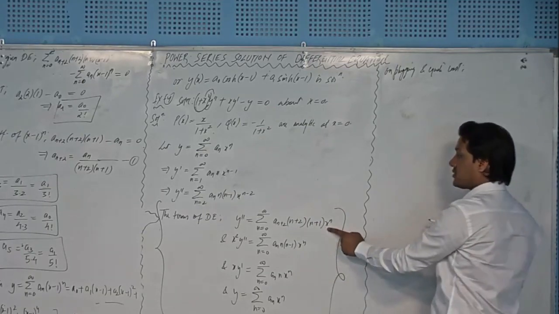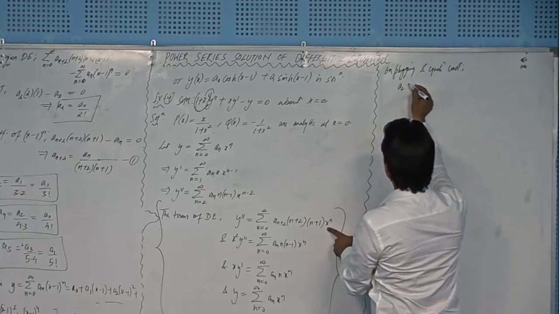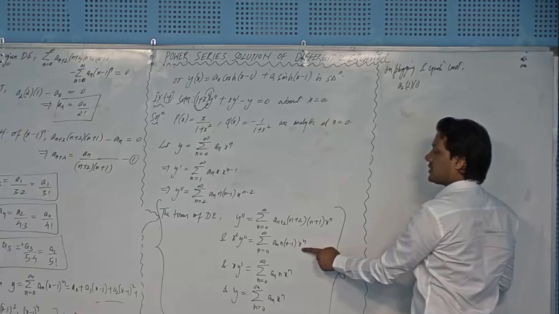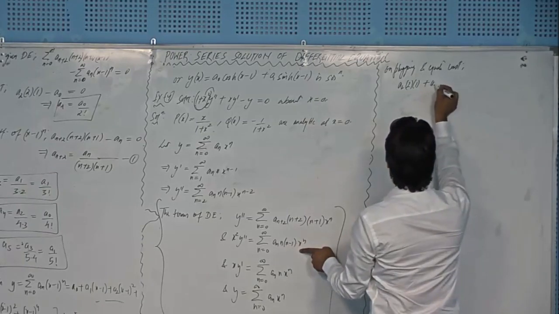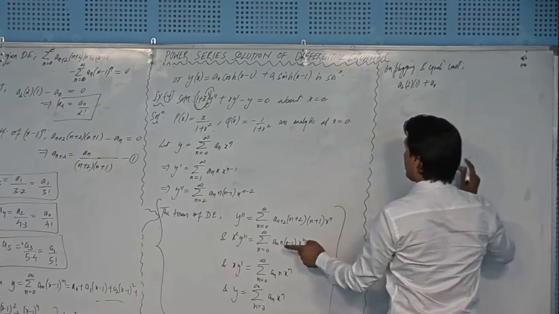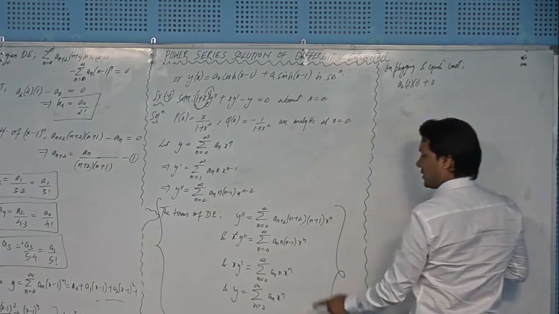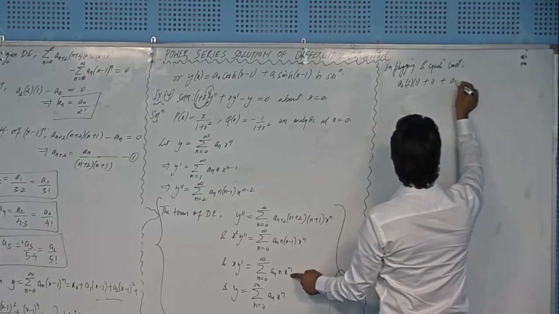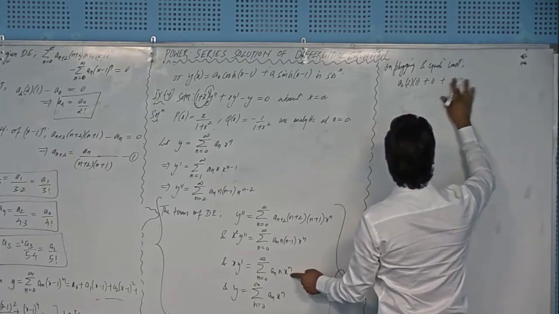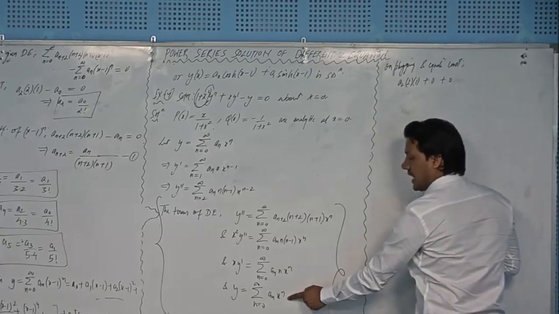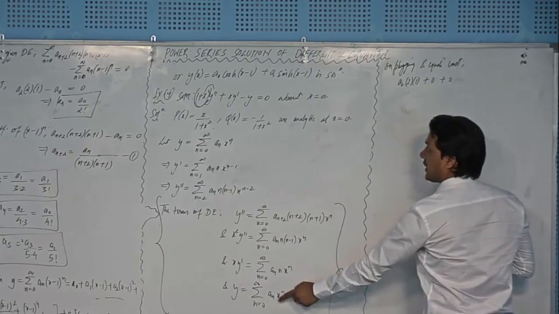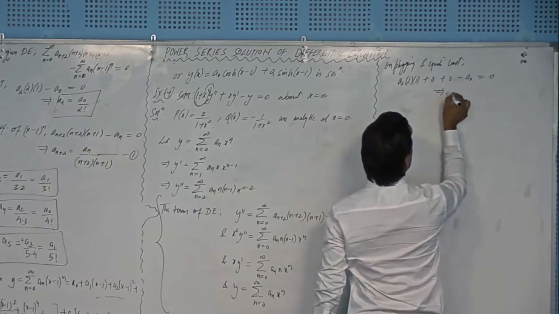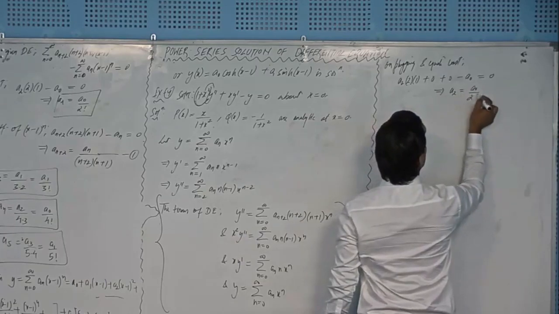From the first term I will obtain the constant term, that is a2 times 2 times 1, right? From this term I will again obtain the constant by putting n equal to 0, that will produce a naught times 0 times 0 minus 1, that will produce 0, right? So that is 0. From here I will again obtain the constant term a naught times 0, that will again go to 0, right? From the fourth term I will get the constant term, that is a naught, but remember this sign is minus, so minus a naught equal to 0, and that will produce a2 equal to a naught over 2 factorial, right?